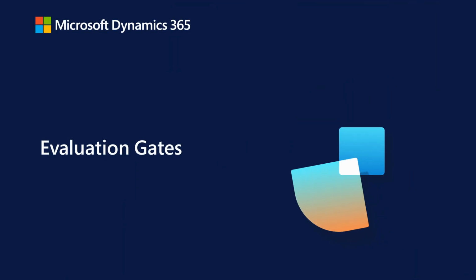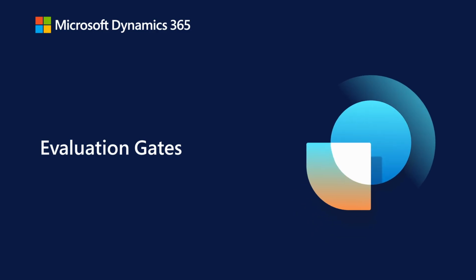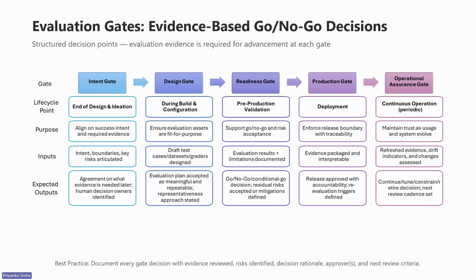So we talked about those stages and how we run them. Next, let's try to understand a little about evaluation gates. Evaluation gates are formal go/no-go decision points placed between each lifecycle stage, ensuring that an agent cannot advance without meeting the predefined evidence threshold for quality, safety, and business alignment.